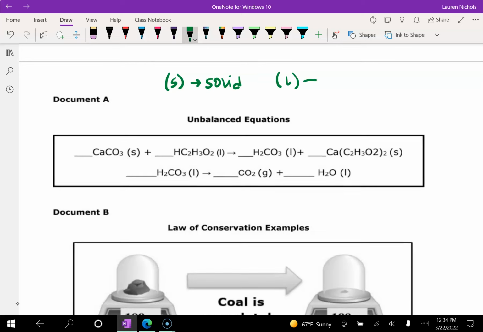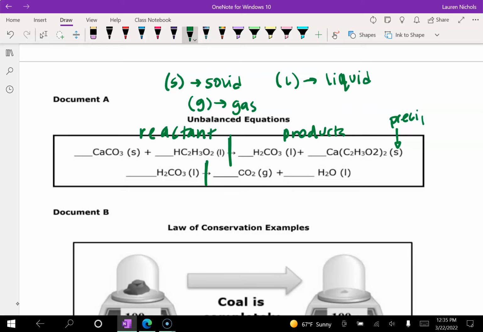And an L in parentheses means that it is a liquid, and a G in parentheses means that it's a gas. Now, one thing to keep in mind is if we have a solid, so your equation gets split in half, so you have your reactants on the left side and your products on the right side. When you have a solid as a product, that means it is a precipitate.